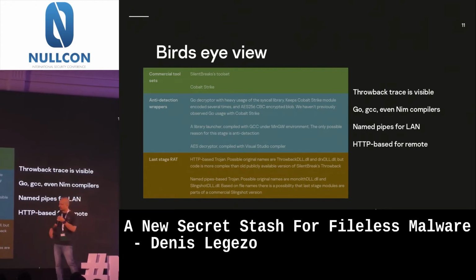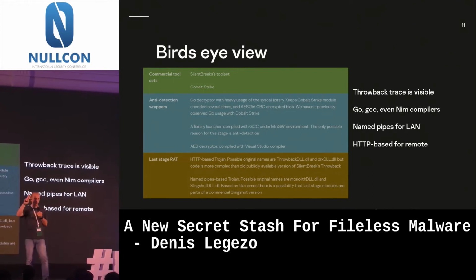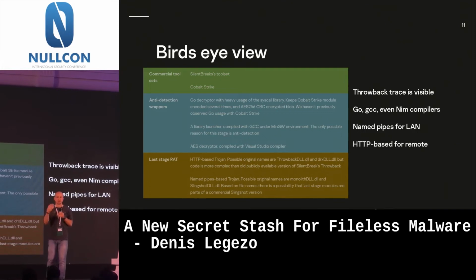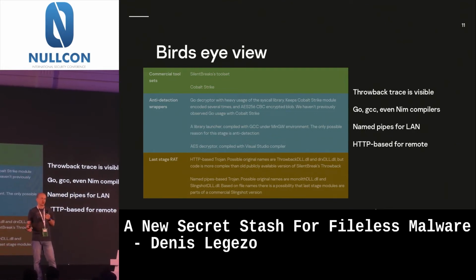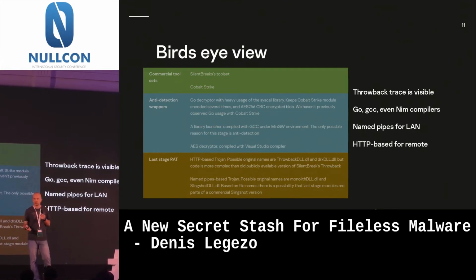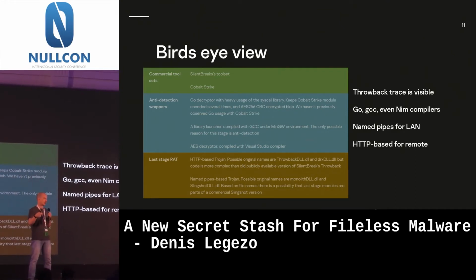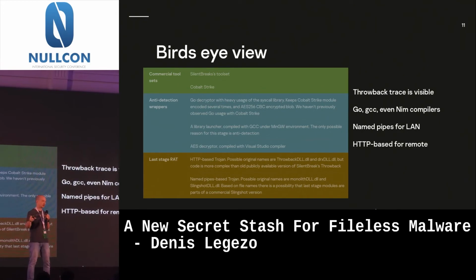An interesting part is the last stages, they actually use two different Trojans, and I promised to give you the ideas why. If you have such a remote administration tool, it seems like one is enough, right? For them, they use one for the local area network in a passive mode. I suppose it was for lateral movement.